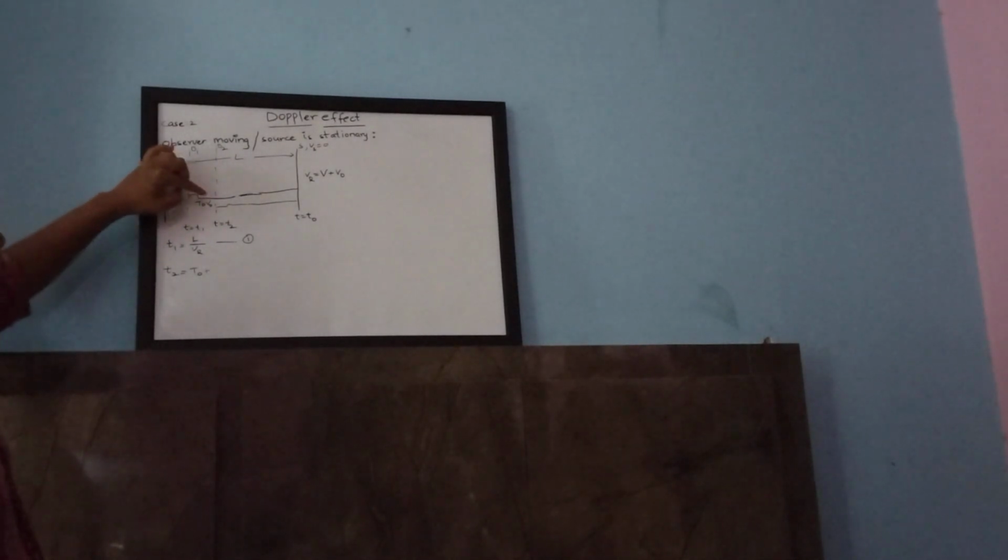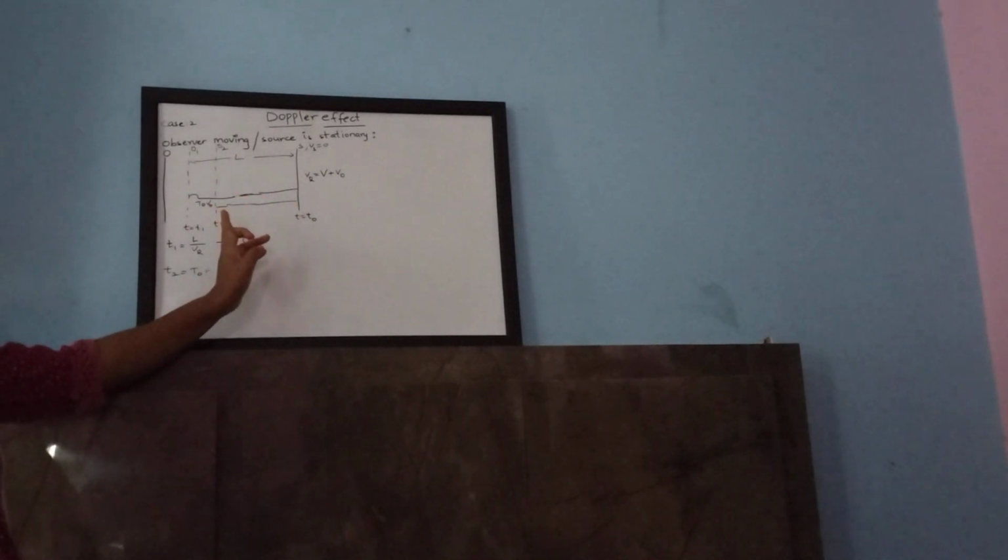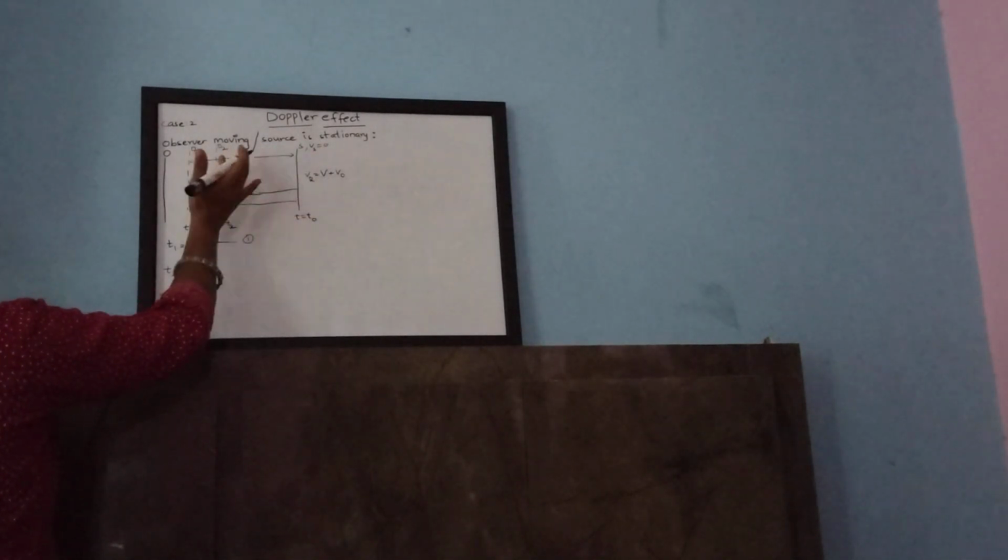Here we are counting the time T2 when the second crest reaches the observer. The time taken by the observer from the O1 position to O2 is equal to T0, and the crest reaches the O2 position. We have to find out the distance from S to O2.